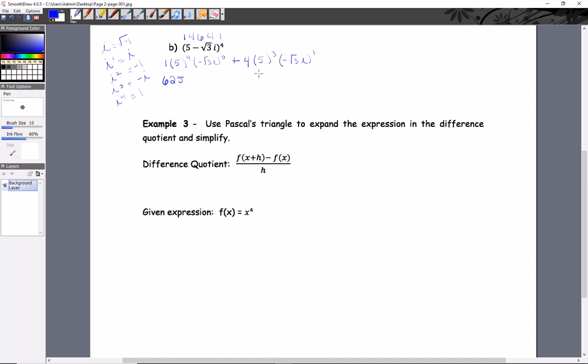All right, so this piece of it right here equals 500. And it's just going to be times everything that's in here, because anything to a 1st power is just itself. So you will get a negative term out of it. So it's negative 500 radical 3i.